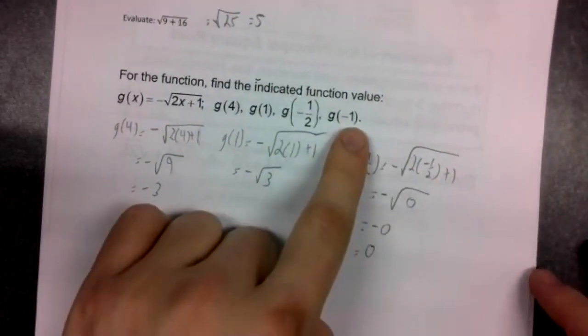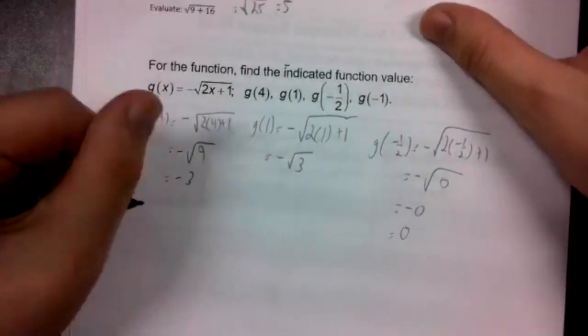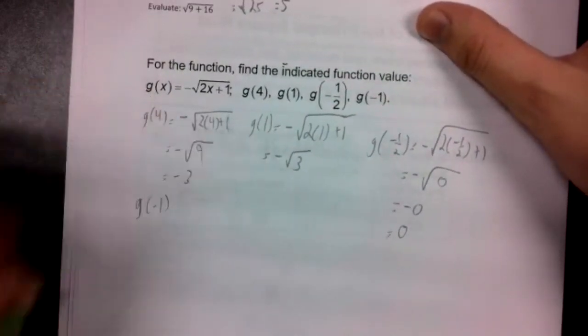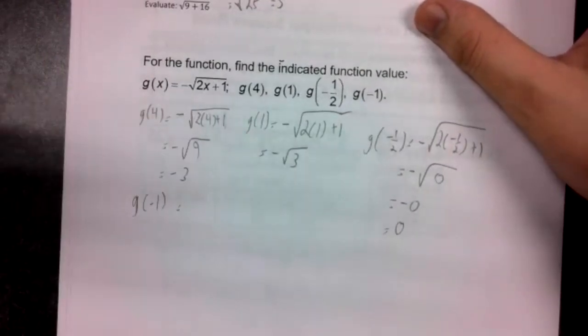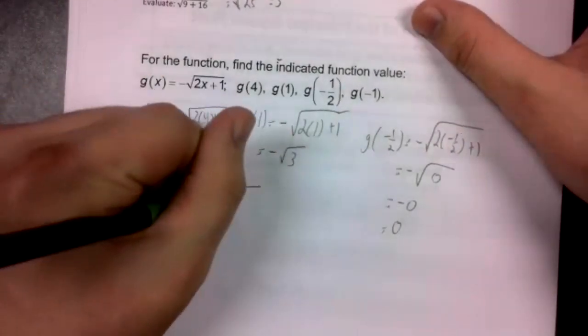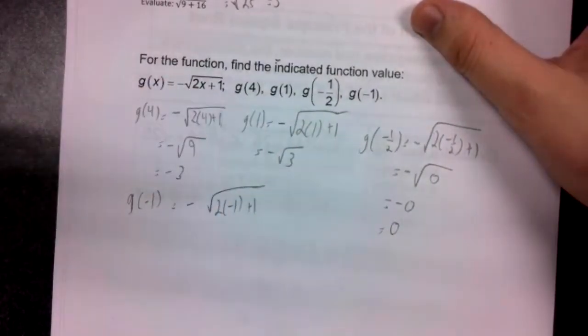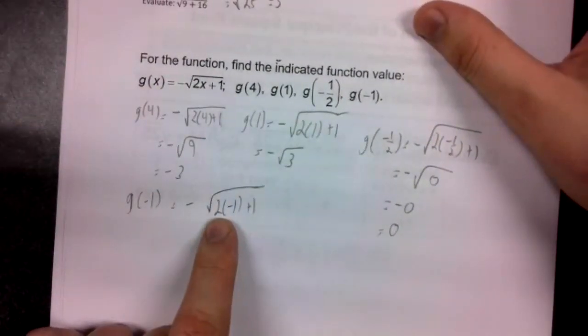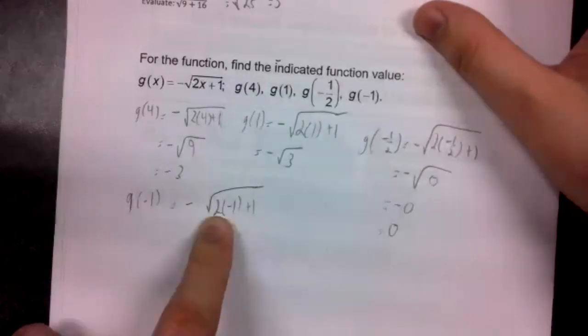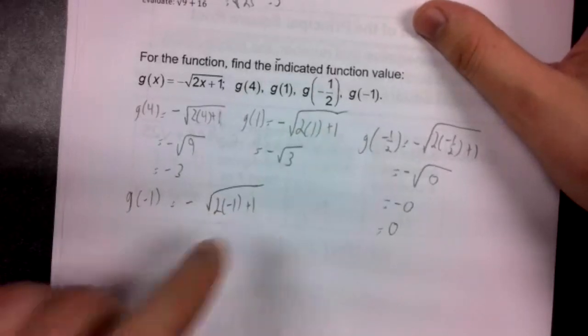Okay, and then the last question, g of negative 1. So I'll do that down here. g of negative 1 is equal to the negative square root of 2 multiplied by negative 1, plus 1. Okay. If I look at this, we get 2 multiplied by negative 1, which is negative 2, plus 1 is negative 1.